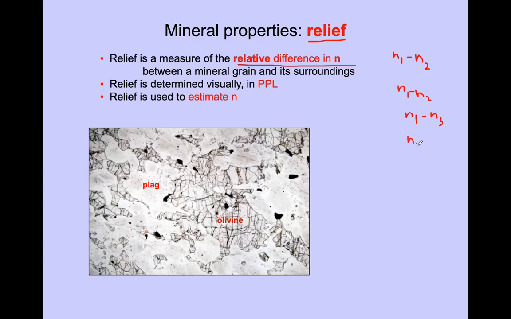So you can have a range of values for the refractive index difference in biaxial minerals. For uniaxial minerals you have only one range, while for biaxial minerals you have three ranges, meaning a large difference will be there. That reflects another property which we call relief.